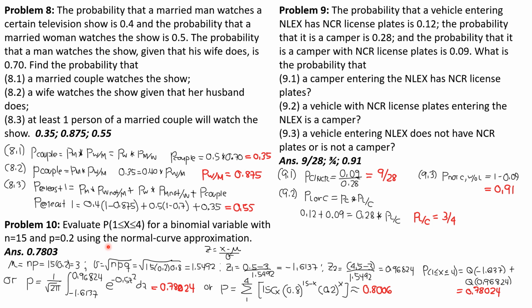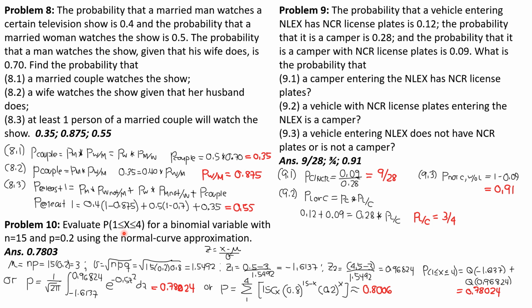Problem 10 is about normal curve approximation, and sorry that I wasn't able to set up this formula, but there are other problems here about normal distribution, so you can use these formulas. Now, evaluate the probability that 1 is less than or equal to x less than or equal to 4.